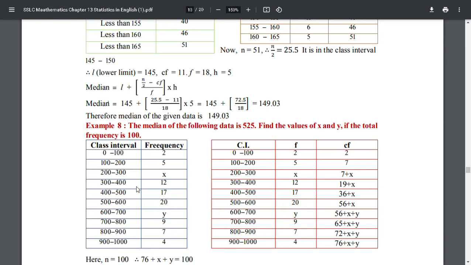Median is equal to 145 plus (25.5 minus 11) divided by 18, into 5. n by 2 is equal to 51 by 2 is equal to 25.5, which is equal to 145 plus 72.5 by 18, which is equal to 149.03. Therefore, the median of the given data is 149.03.